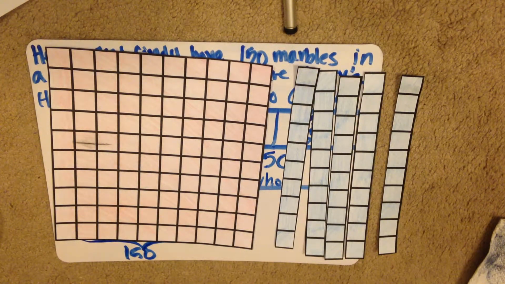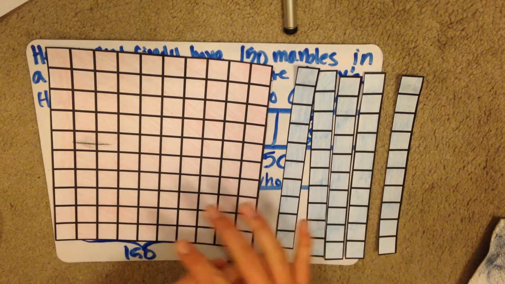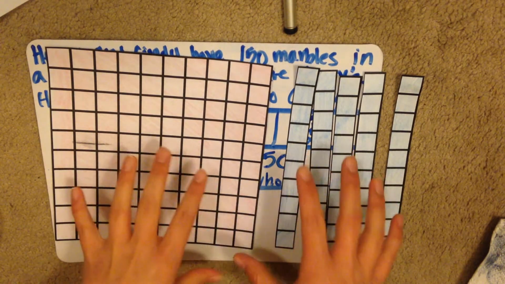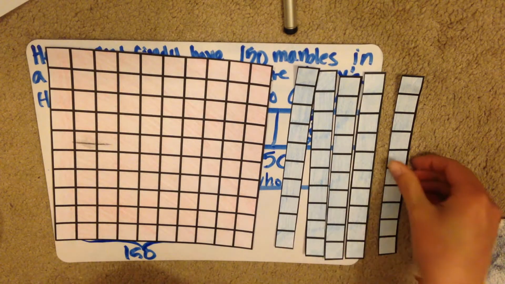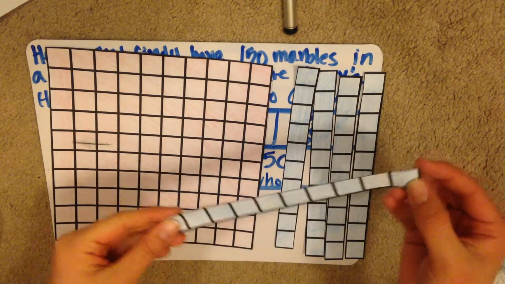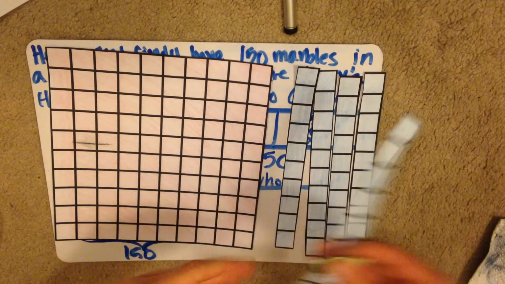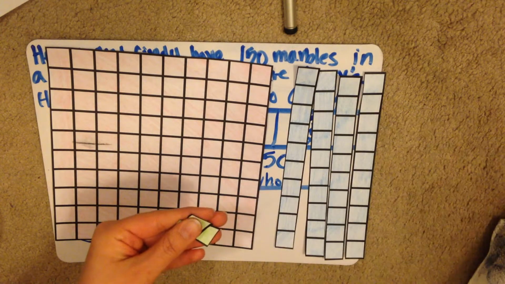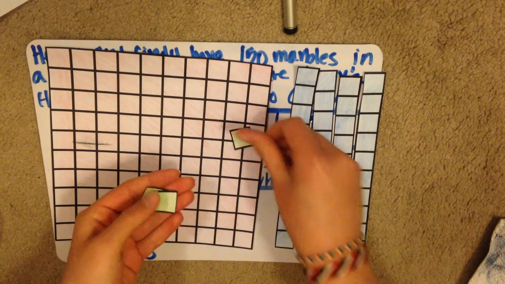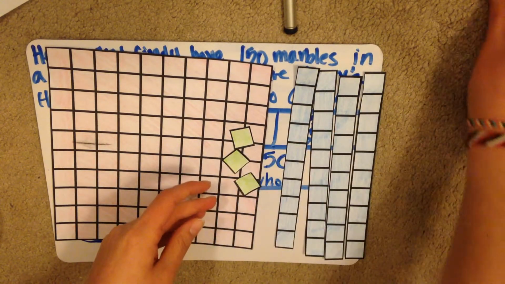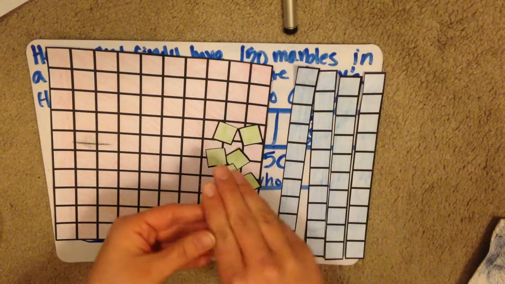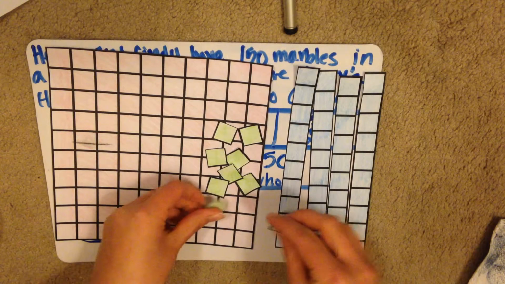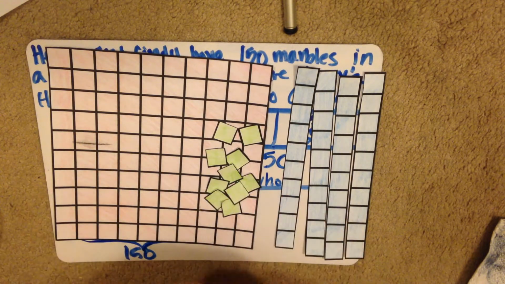Alright, so now what we need to do is we need to take Henry's part out of our whole. So, we start with our units. Because we have no units, let's go ahead and regroup our long to trade it in and give us 10 units. So I traded in my long for 1, 2, 3, 4, 5, 6, 7, 8, 9, 10 units.